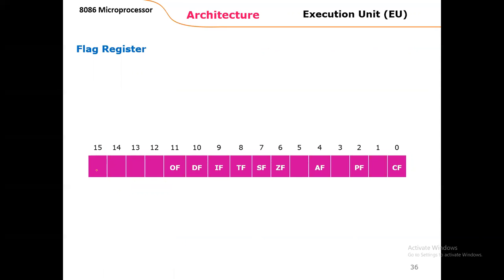So here is the formula: ODITS, ZAPC. O D I T S, Z A, P C. This is my formula. 1, 2, 3, 4, 5, 6, 7, 8, 9.